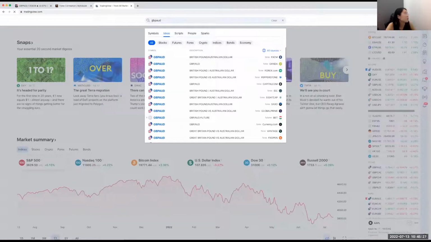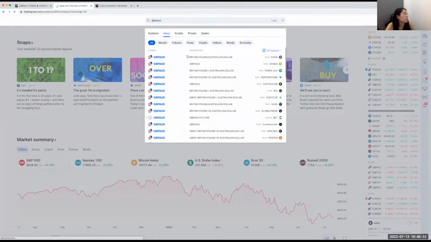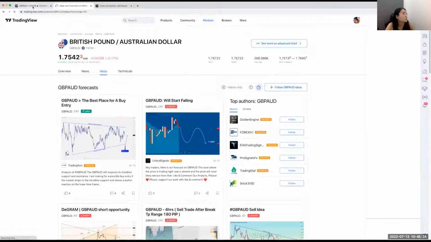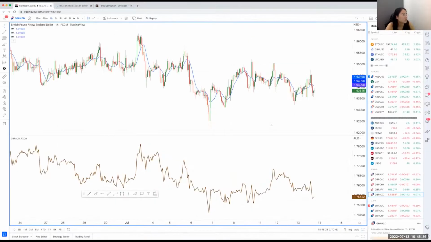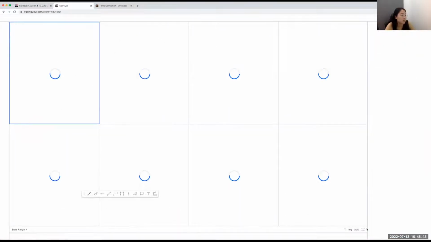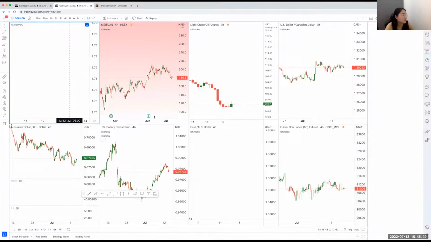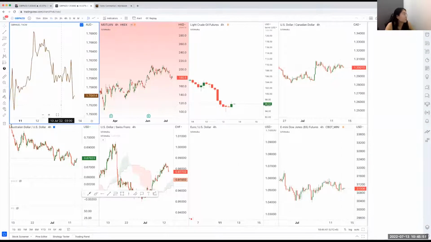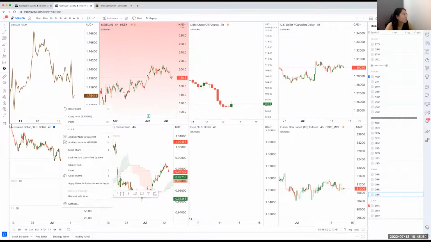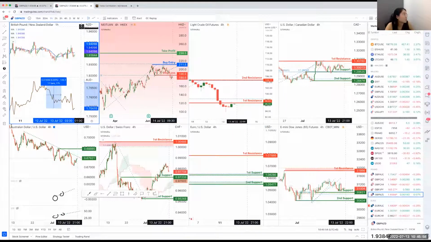Okay, so one of them is GBP NZD and the other one is GBP AUD. I'm going to get rid of this since it's not helping, and we're going to see how correlated this pair is to each other. The more correlated it is, the more we want to use it.